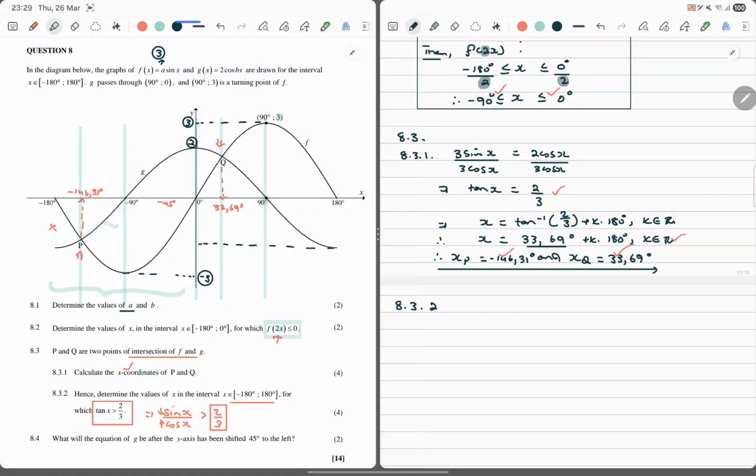When we get to this portion, we'll see that the sine function is increasing up until it is 0 from here, and the cosine function is decreasing to its minimum. All right.